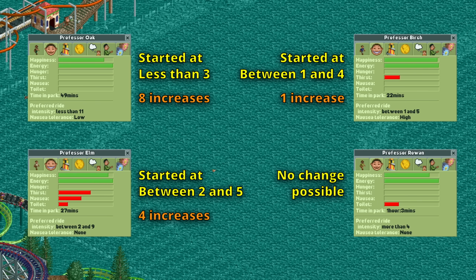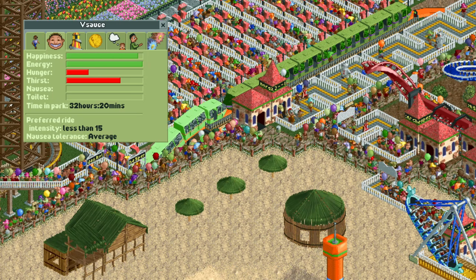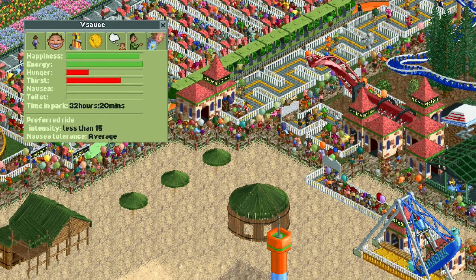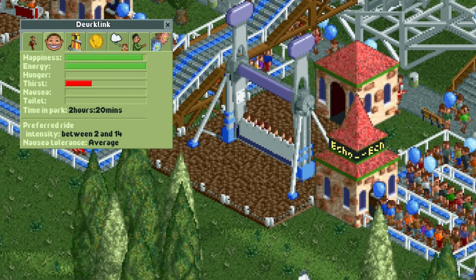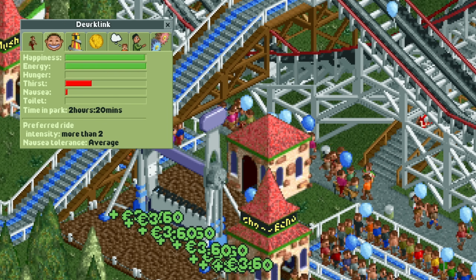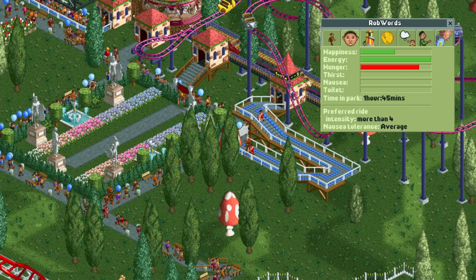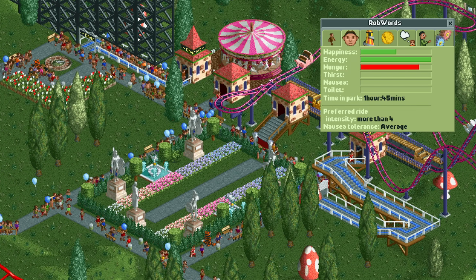This increasing will continue until the maximum of 15 is reached. The less than 3 starting preference will go through all the numbers and end up at less than 15 eventually. The other ranges will at the very end change from saying between 1, 2 or 3 and 14 to more than 1, 2 or 3. Half the guests already start with more than 4, which, just like what we just saw, is in reality between 4 and 15.